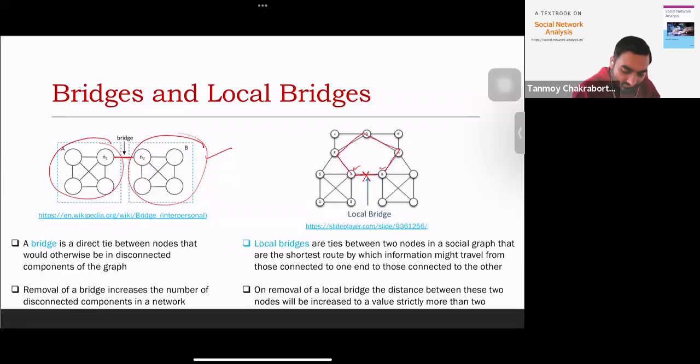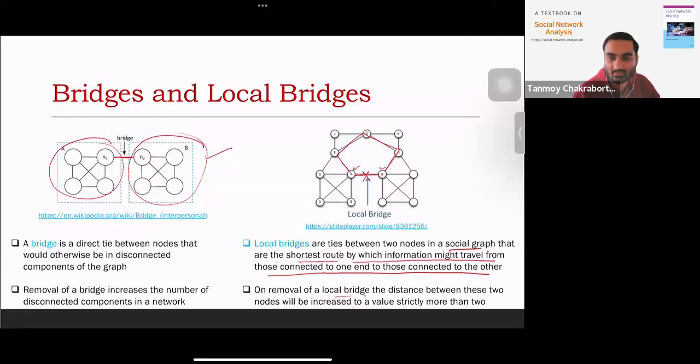So local bridges are ties between two nodes in a social graph that are the shortest route by which information might travel from those connected to one end to another, and the connection distance would increase on removal. So on removal of the local bridge, the distance between these two nodes will increase to a value strictly more than 2.